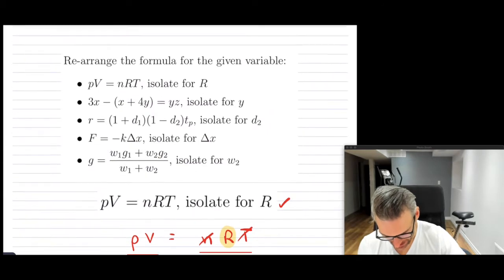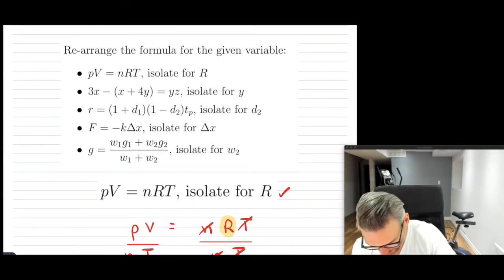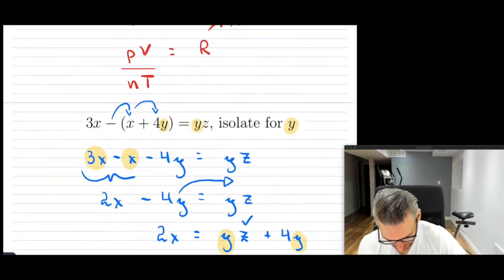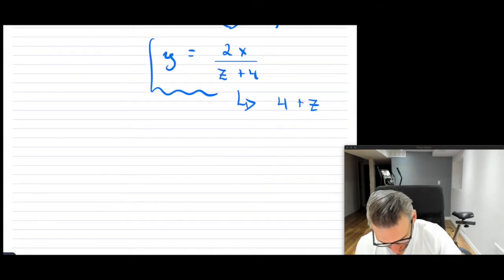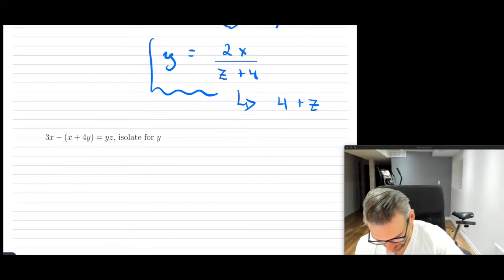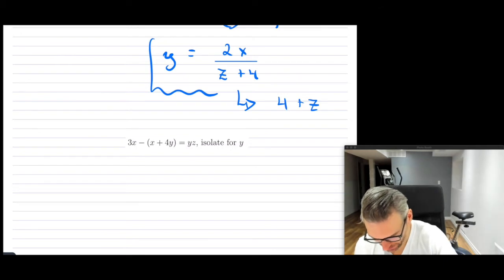So the next example. Again, they seem to get a little bit harder, but we'll see about that. Let me paste this. Make it bigger. Well, this was the same one.